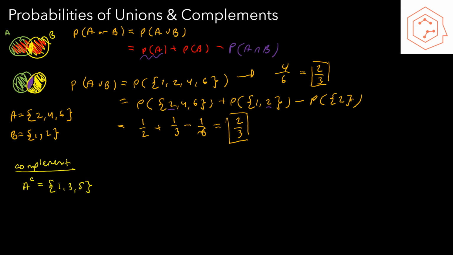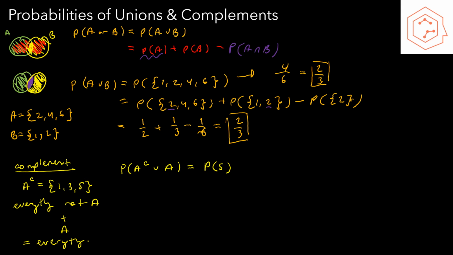So then if we look at the union between them, A's complement or A, that's going to equal the sample space. Since we have everything that's not A plus A, it's going to equal everything again. And you can see that if we add 1, 3, and 5 to 2, 4, and 6, we get 1, 2, 3, 4, 5, 6, which is all the possible rolls.